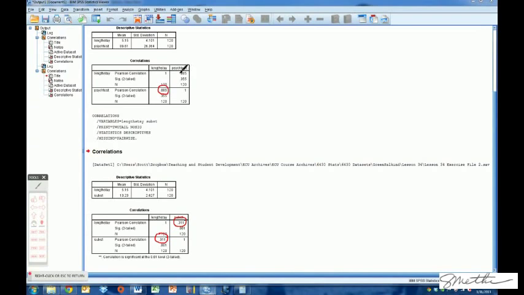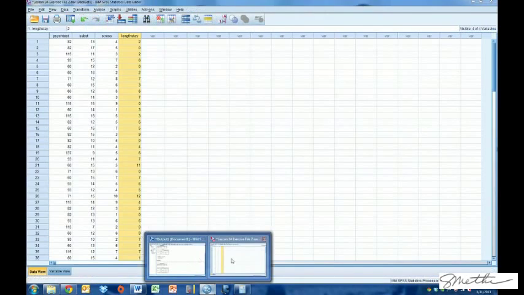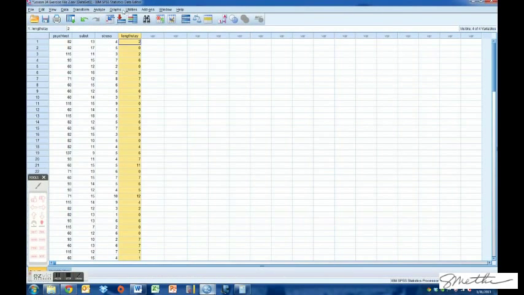We have a 0.31 relationship between the two, whereas up here we had a 0.09 relationship. The first is not very strong, what you might call a weak relationship, and this is a little bit stronger, still relatively weak.